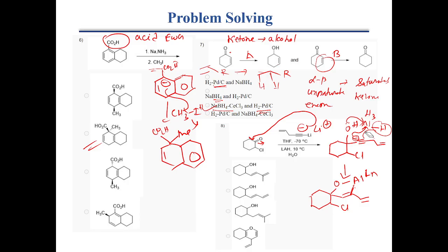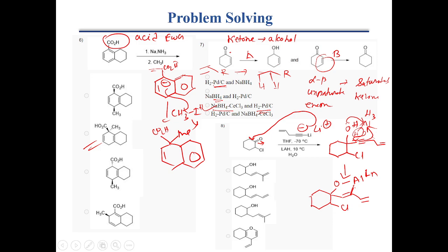Okay, what happened? This hydride will attack in this position, and this negative charge will attack the aluminum. So it will form the five-membered ring: one, two, three, four, five.